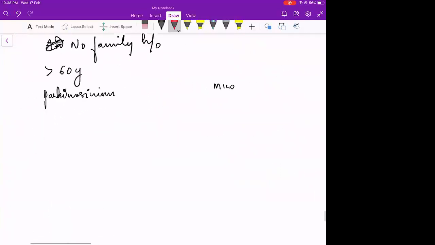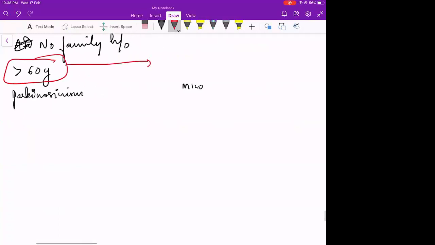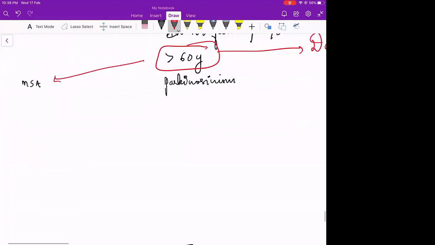If the patient is having no family history, and if his age is more than 60 years, then you should think of degenerative ataxia. Under degenerative, it could be due to multiple system atrophy.